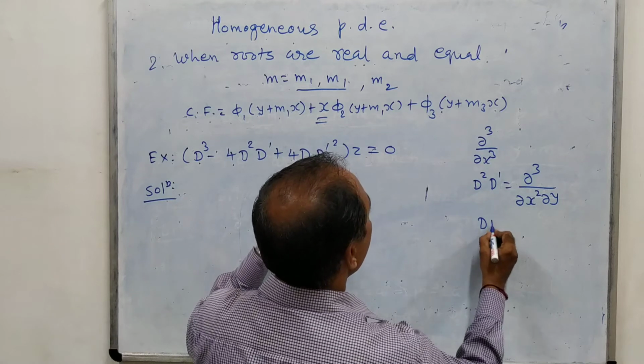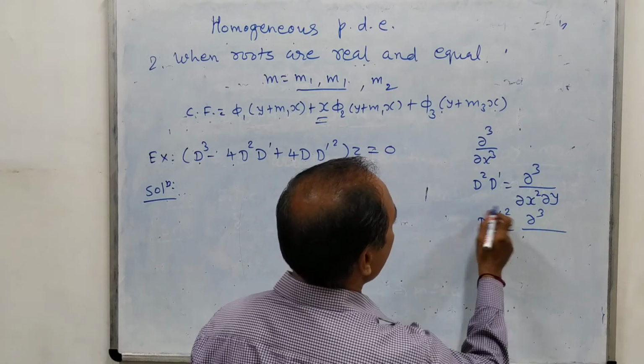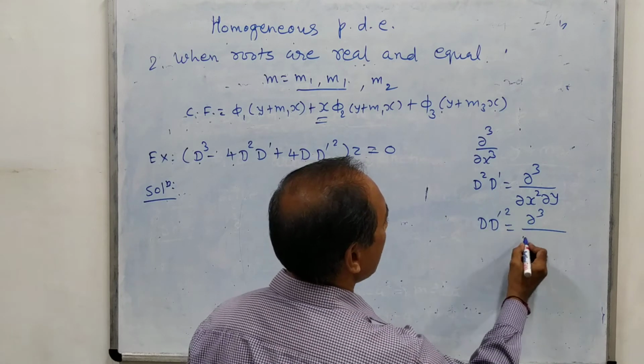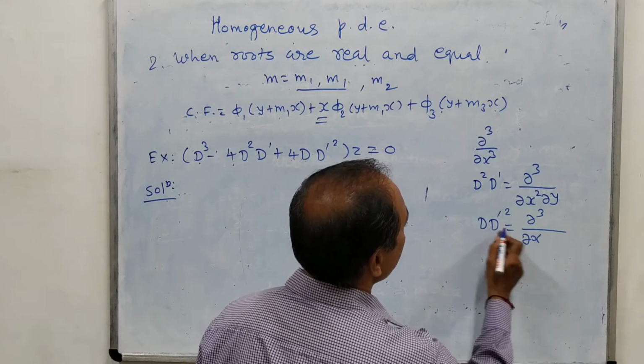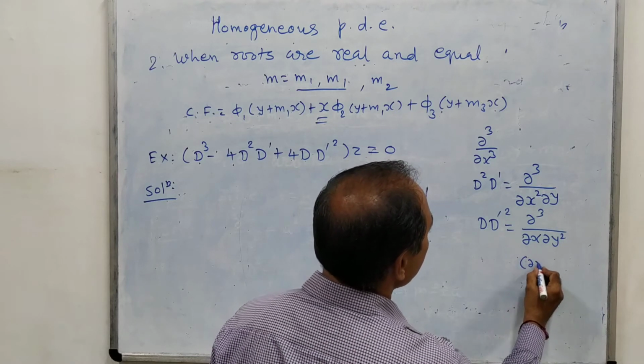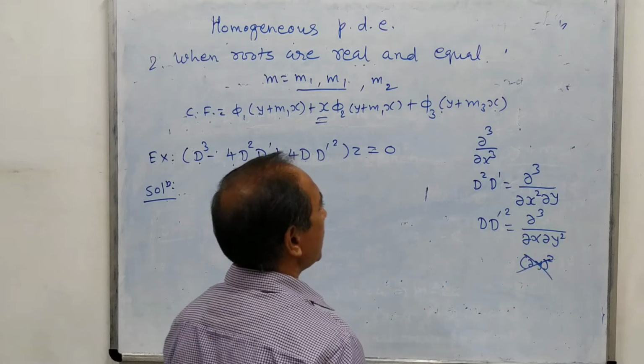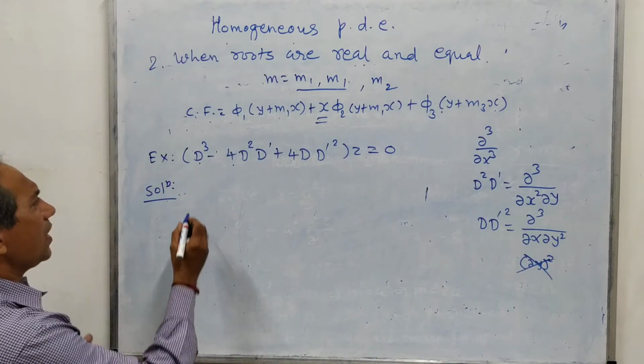Then D D dash square means del cube as well, because the order is 3, 1 plus 2: the single derivative with respect to x and double derivative with respect to y, so del y square. You don't write this as del y whole square. This is not proper. Okay.